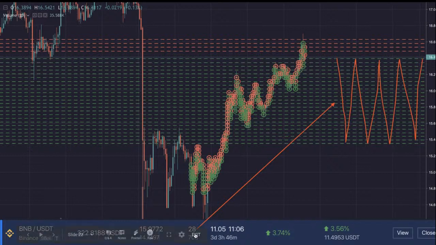But if I had more grid levels, let's say 70, in this case I would have an even more narrowed setup, so my grid levels would be closer to each other, and that means that on this upside momentum I would have more chances to seize as many price swings as possible, and I wouldn't get stuck with so many buy limit orders below the price action.